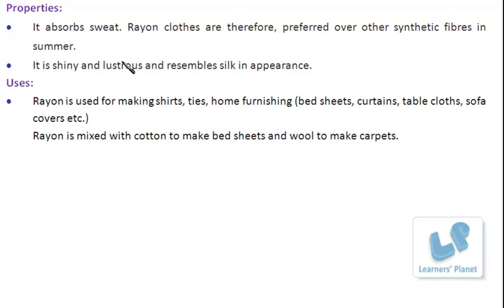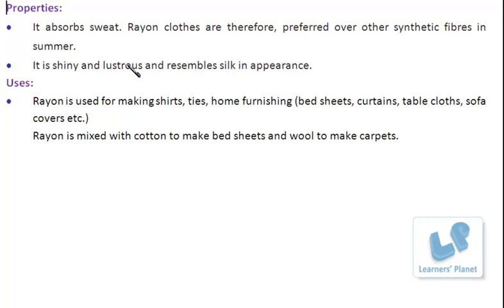If you're asked to write an answer or short notes on rayon, what are the important points you are going to cover? First, the type of fabric it is. Is it natural, synthetic or semi-synthetic? It should be the first point.